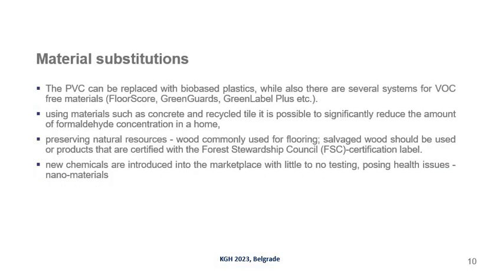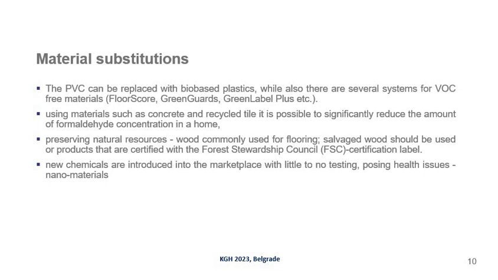Next, there are possible substitutions which need to be considered for materials which have toxic emissions. For example, PVC can be replaced with bio-based plastics. Certain companies put efforts into removing heavy metals in their products. By using materials such as concrete and recycled tile, it is possible to significantly reduce the formaldehyde concentration in a home.